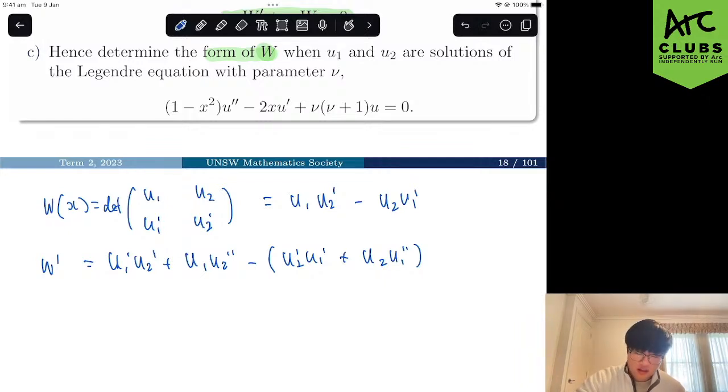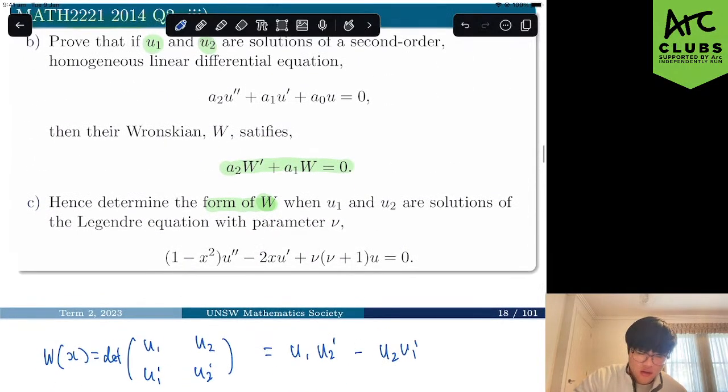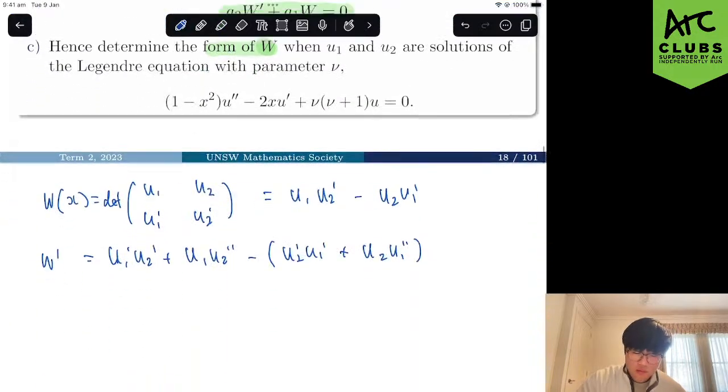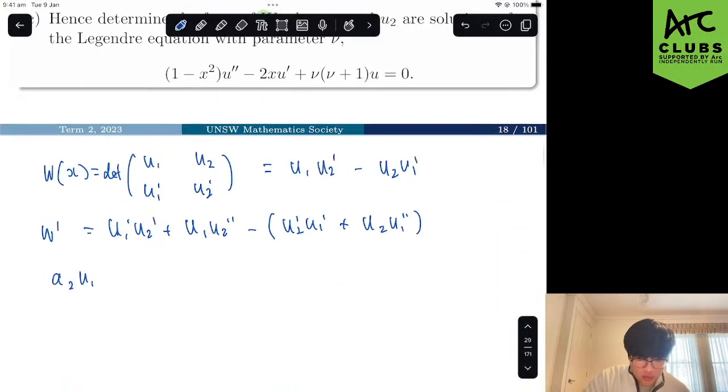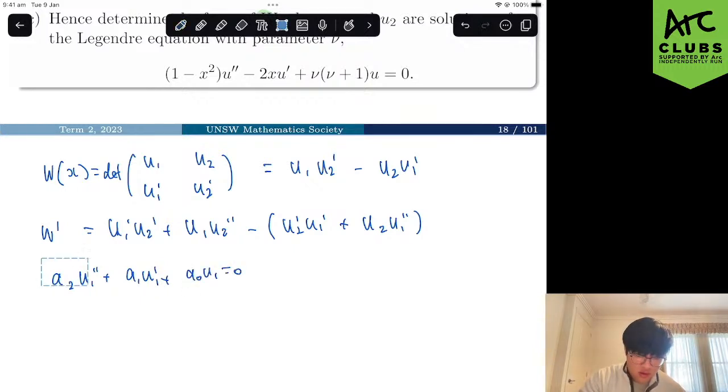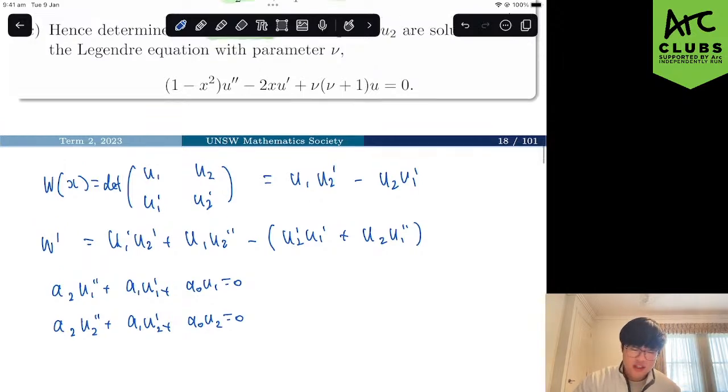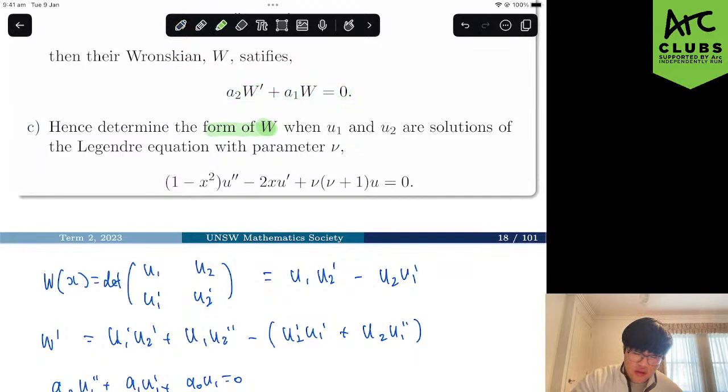And the next thing is, by the definition of U1 and U2 being solutions to our equation here, we get that A2 U1 double dash plus A1 U1 dash plus A0 U1 equals 0. And the exact same thing with U2. Alright, now let's consider the left-hand side of this equation here.